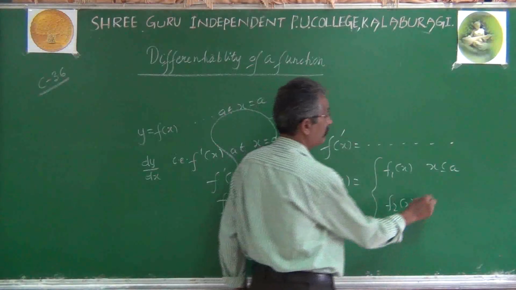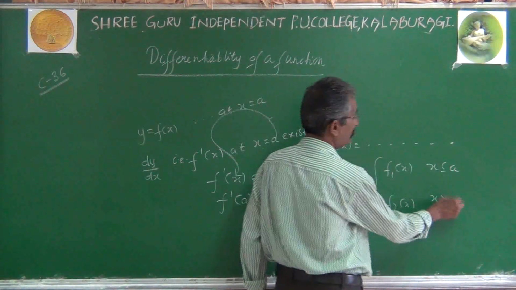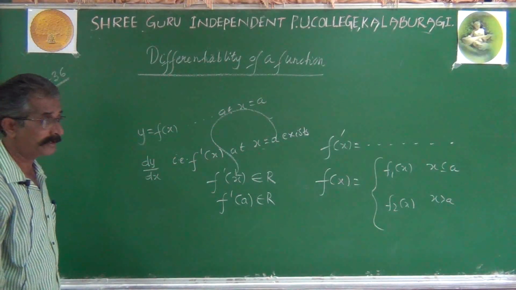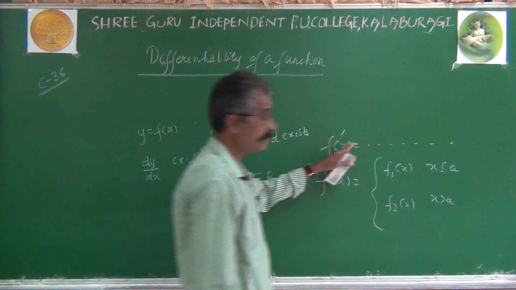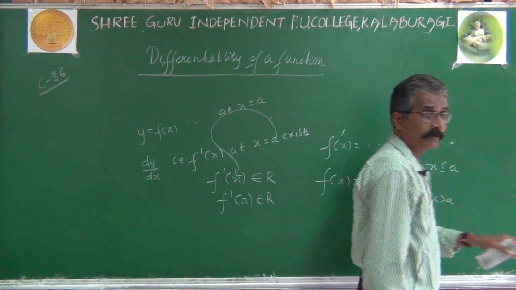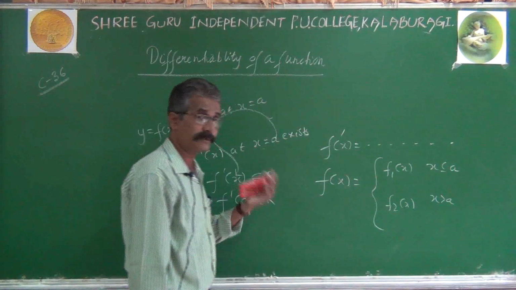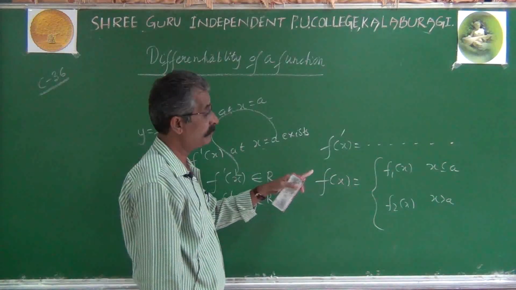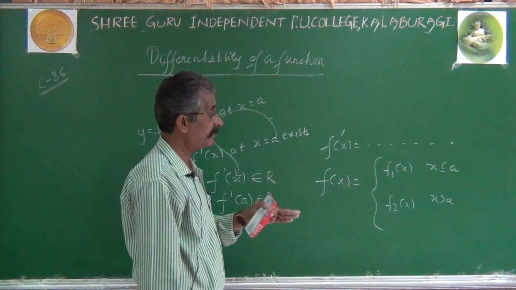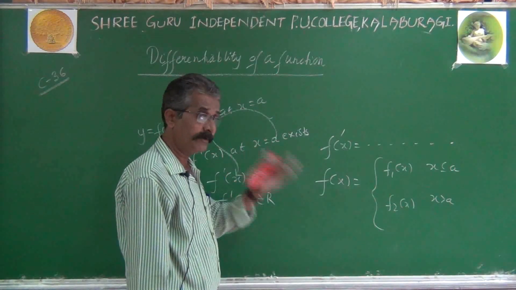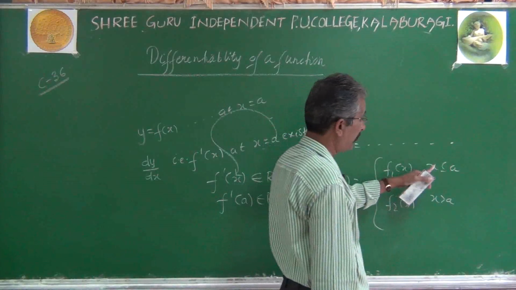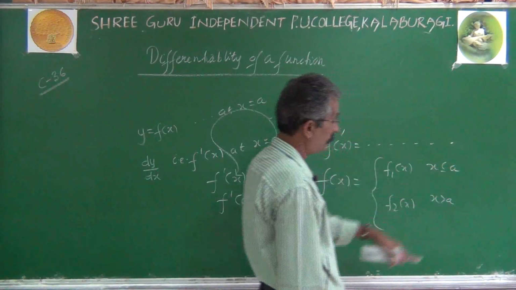in such cases of function arrangement, this direct differentiation method will not be suitable. As in the earlier case, we need to find the left-hand derivative as well as the right-hand derivative. Left-hand derivative means the derivative when x less than a values are allowed.